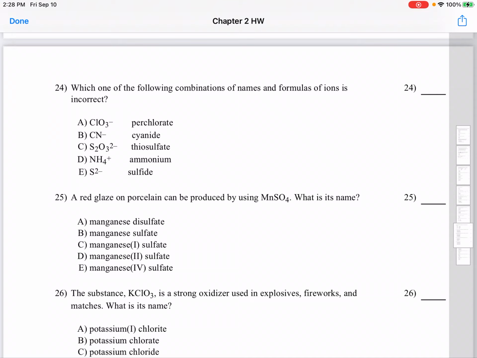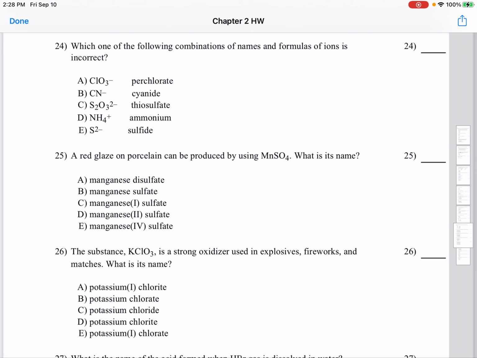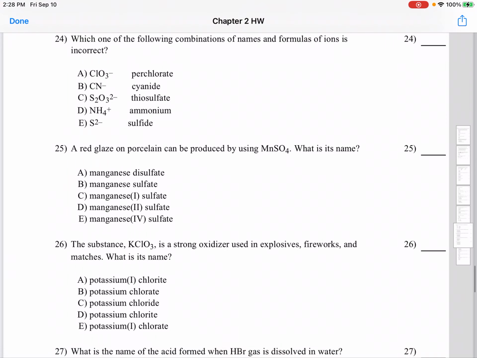Which of the following combinations of names and formula of ions is incorrect? Again, you refer to those two tables to find out what is perchlorate. Is it ClO3 minus or ClO4 minus, ClO2, ClO? So find out which is the incorrect one. Cyanide, thiosulfate, ammonium, sulfide.